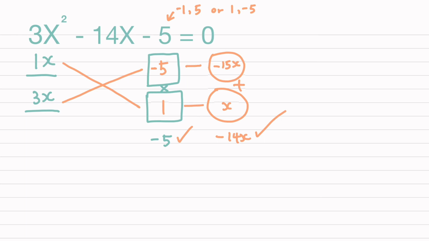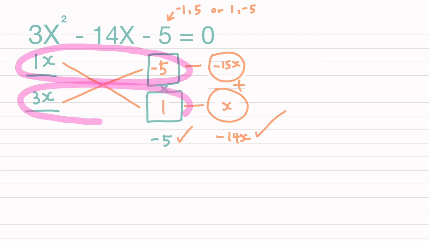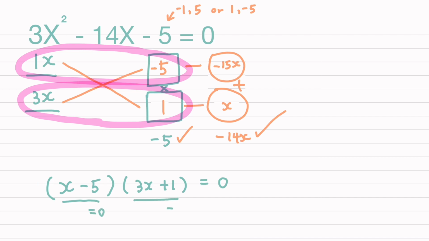So what I'm going to do now is group these numbers together. The first pink circle will give me x minus 5. And the second pink circle gives me 3x plus 1. And that should equal 0, meaning either x minus 5 is equal to 0 or 3x plus 1 is equal to 0.